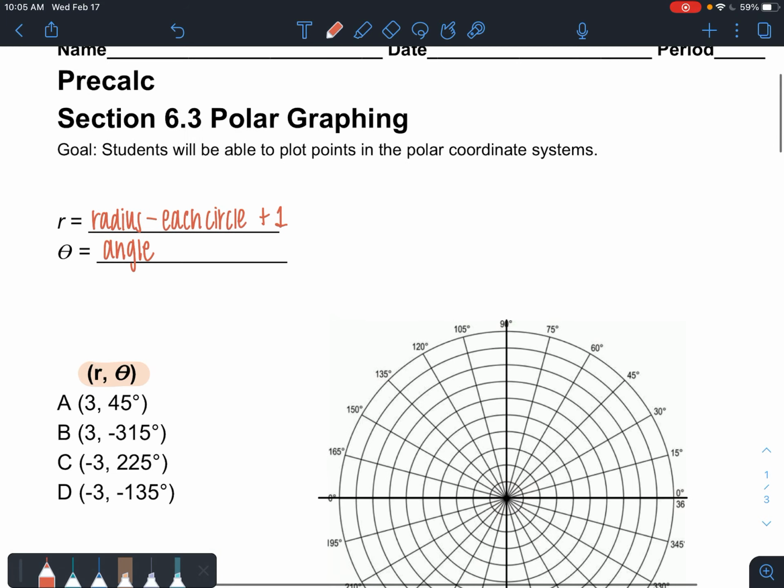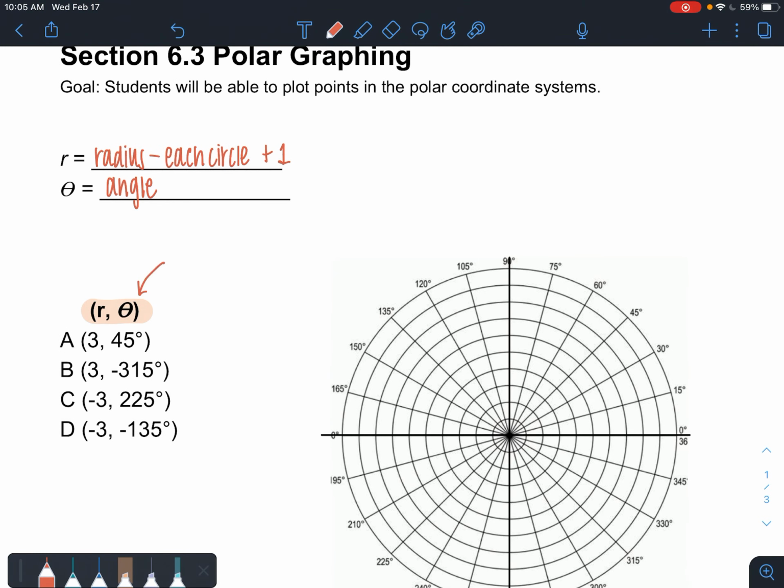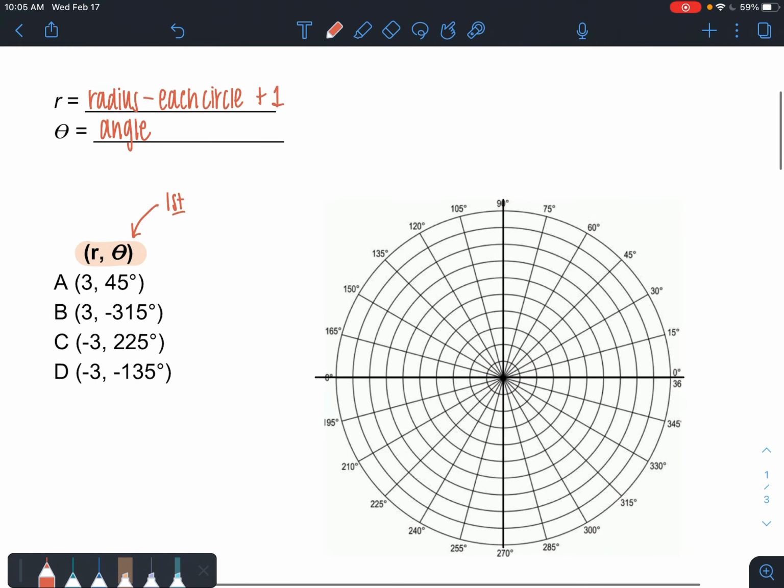When I'm graphing, I really like to start with theta, because these negative r's can kind of throw us off. So we're going to start with negative theta. I'm going to start at 0 and go to 45. So here is my line for 45.